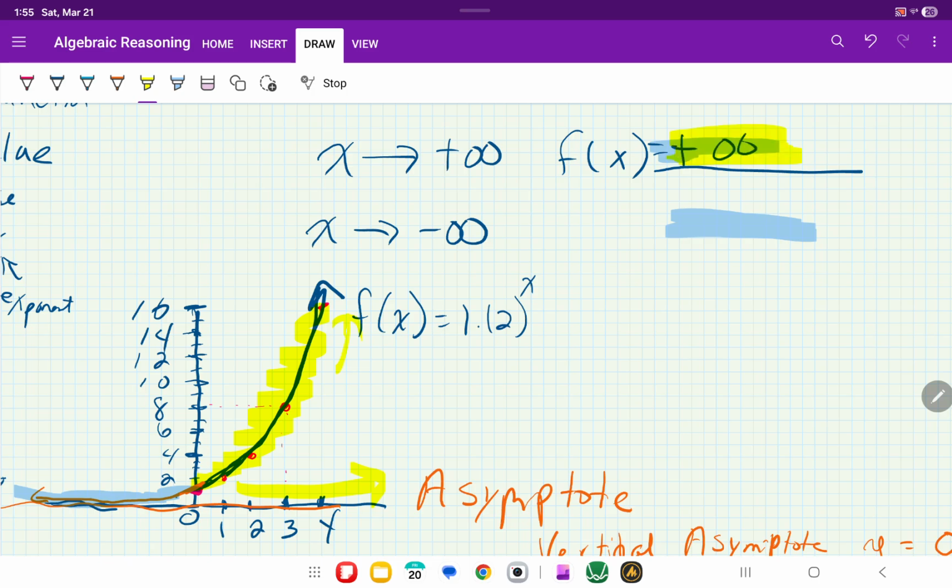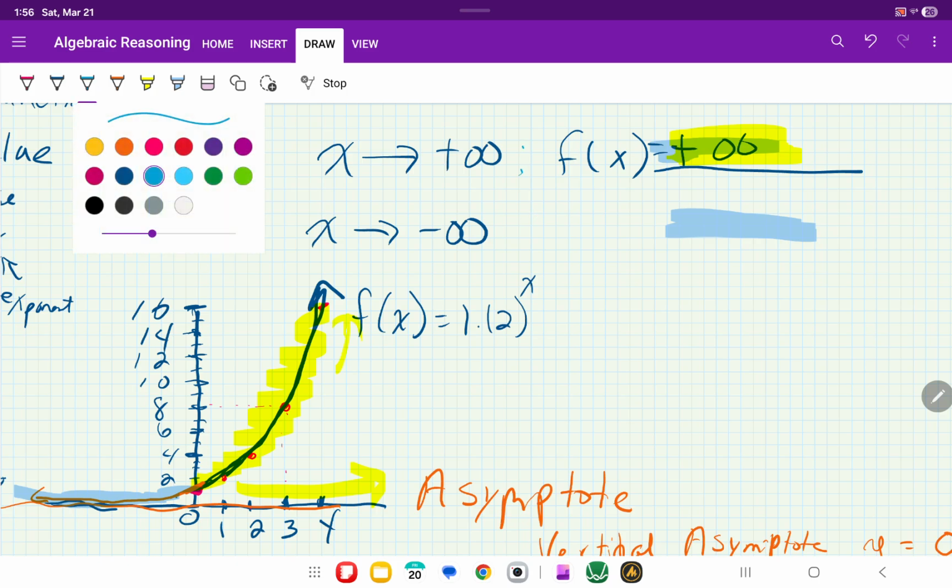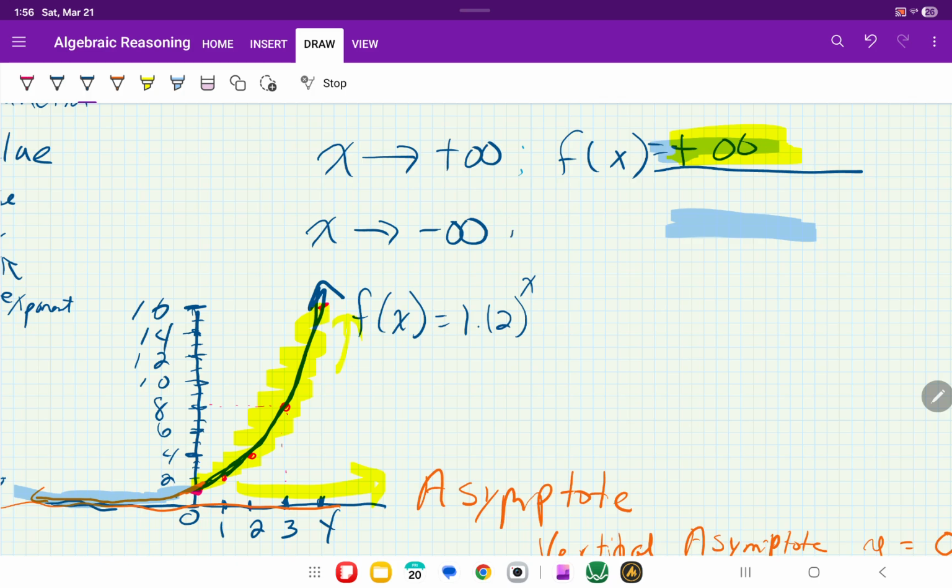There we go. f of x is approaching 0. So that's what we're doing.